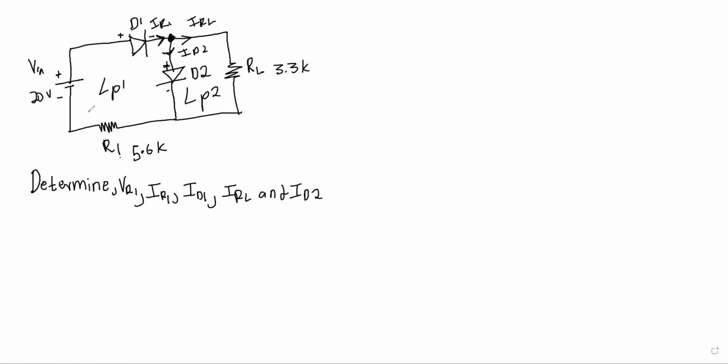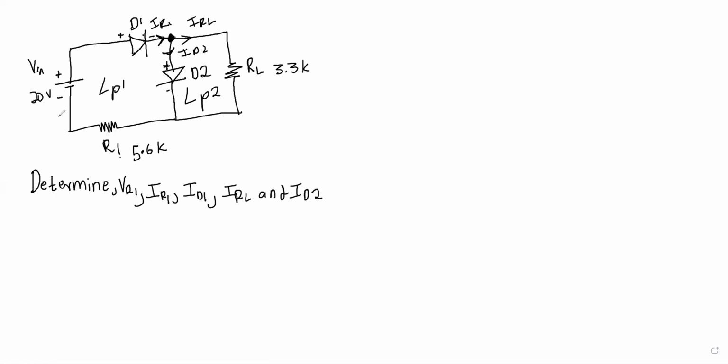In loop 1, we know the voltage across diode 1 and across diode 2. We don't have the voltage across R1, but we have V in, which is our supply voltage.